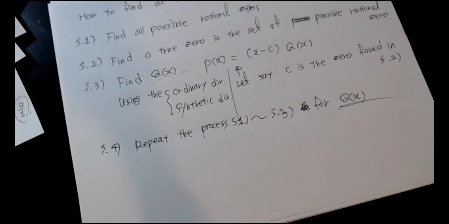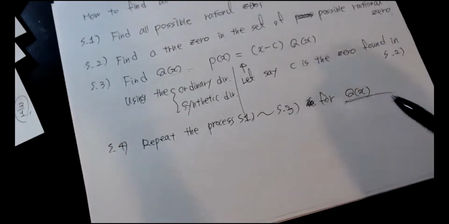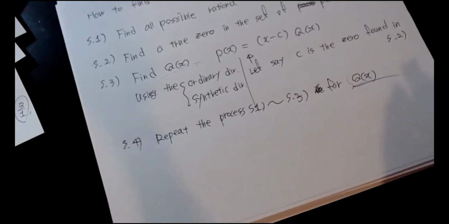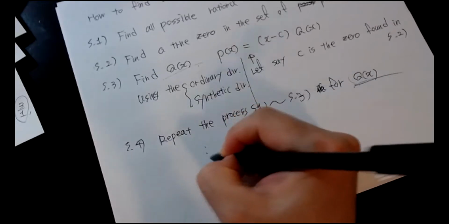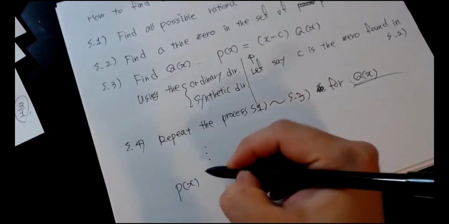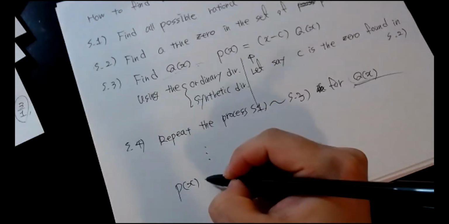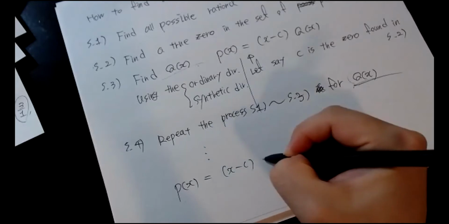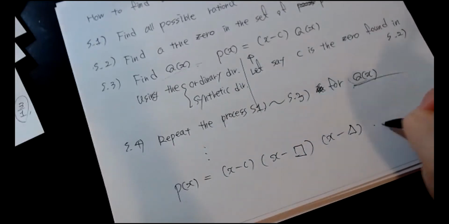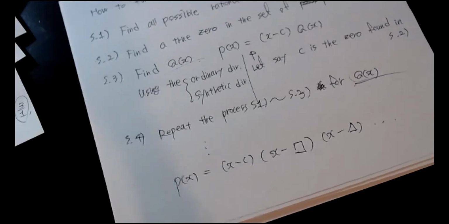We repeat this until we completely disassemble q of x, until we express p of x as x minus c times x minus a certain number, and so on.